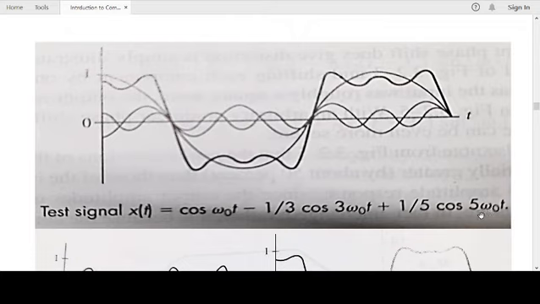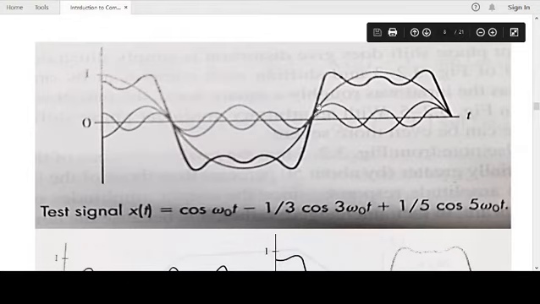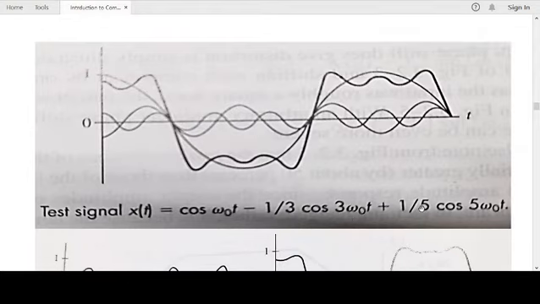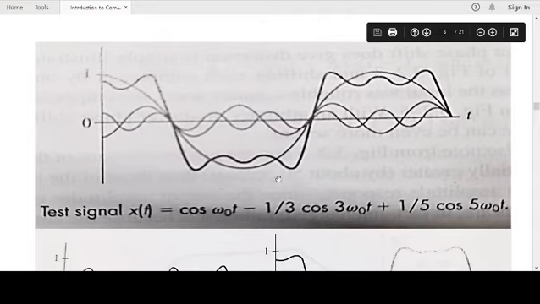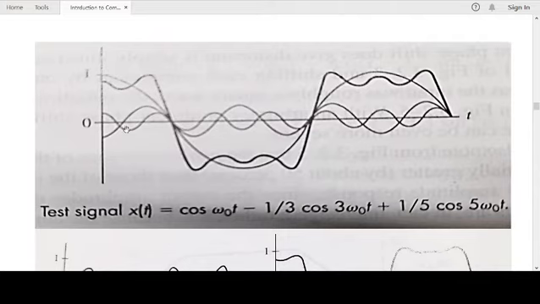Of course, the square wave with a duty cycle of 50% has only odd harmonics. An ideal square wave, if you do a Fourier series analysis, you'll get its odd harmonics. Very good. So you see, this is the first harmonic, omega naught. We have the third harmonic, 3 omega naught, and we have the fifth harmonic, 5 omega naught. Three sine waves are present.